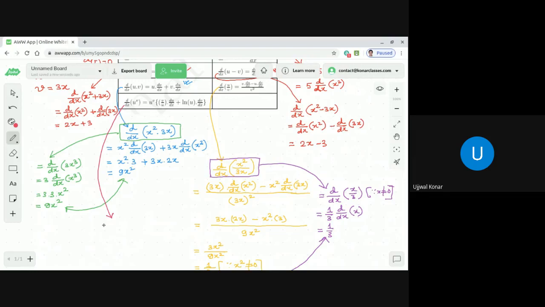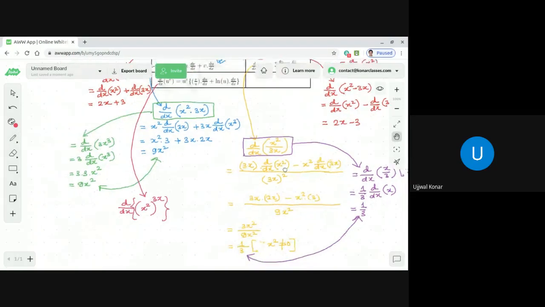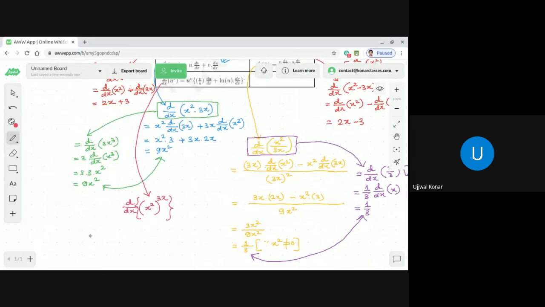So what I wanted to show is d/dx of, u is what? U is equal to x square, x square power 3x. That is the formula we are going to use. So that is what we are going to compute. So this is equal to u power v, that means x square power 3x, into v by u.